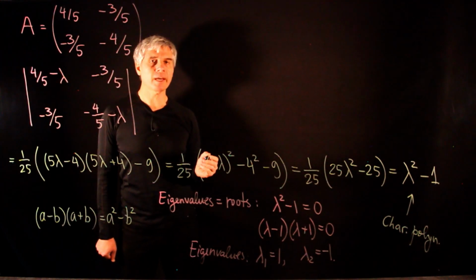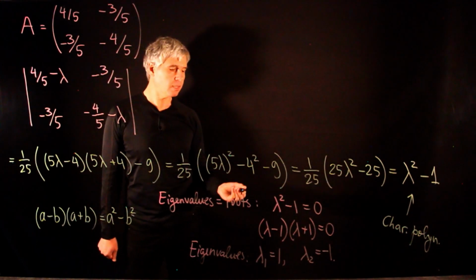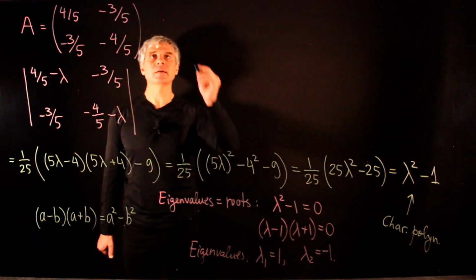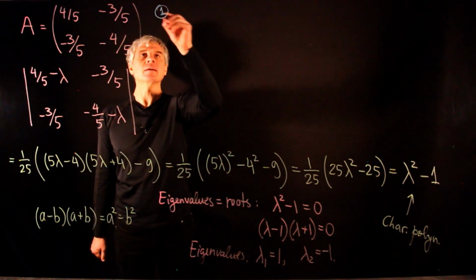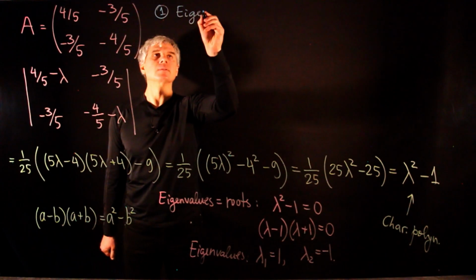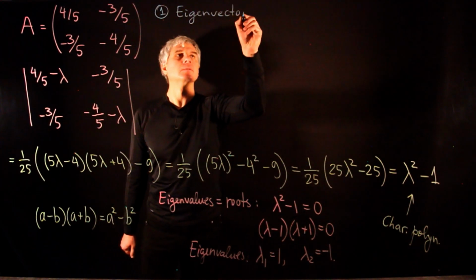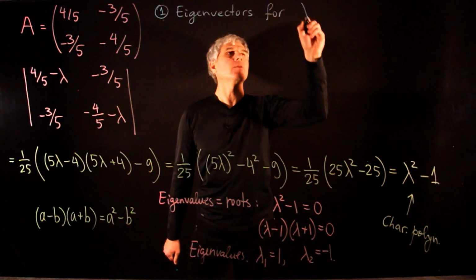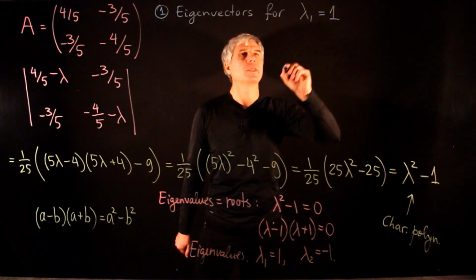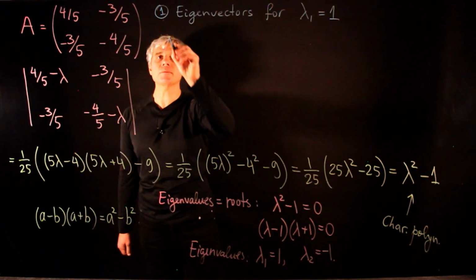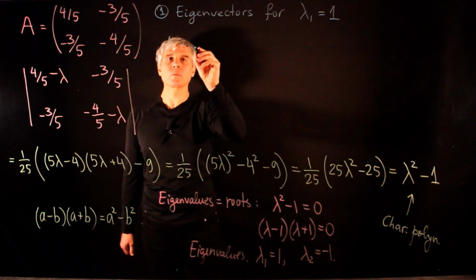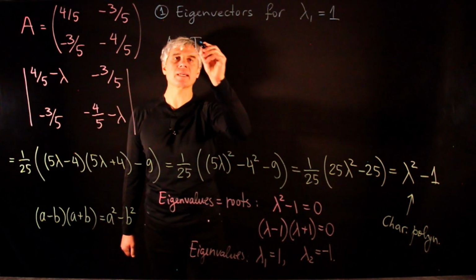In order to find eigenvectors, we're going to treat each eigenvalue separately. So first we consider eigenvectors for eigenvalue lambda 1 is equal to 1. So here the matrix that we take is A minus identity.